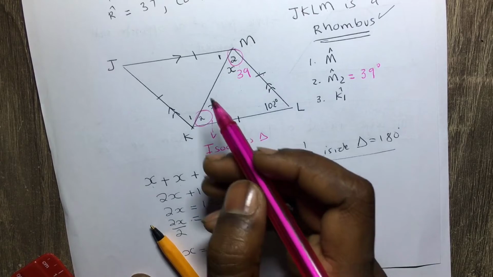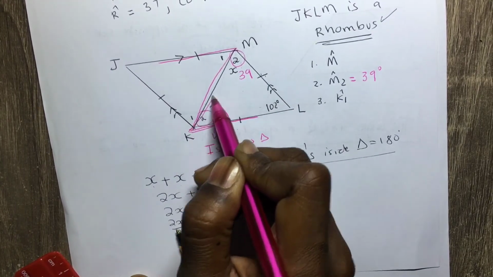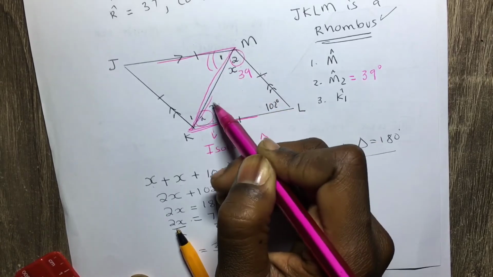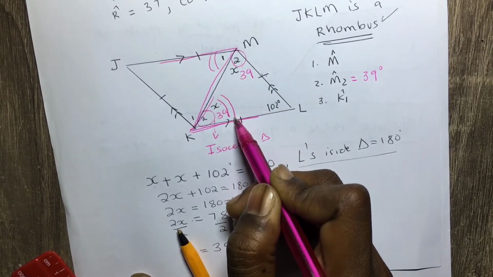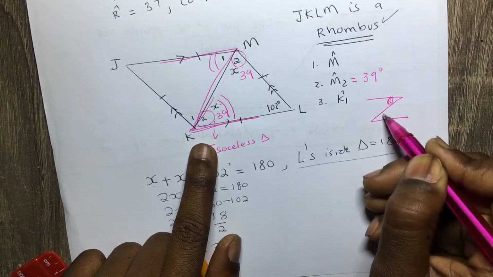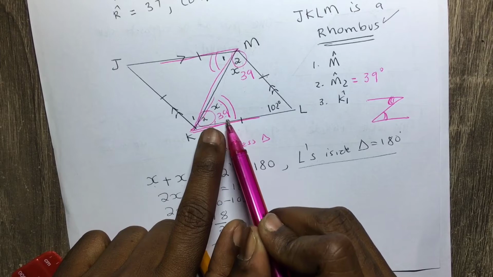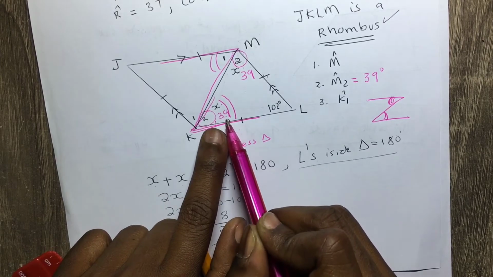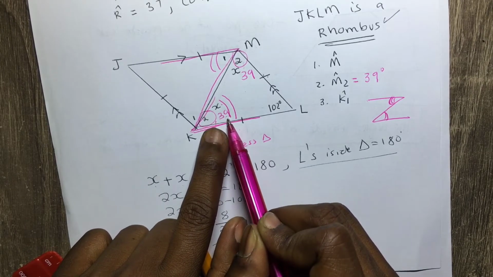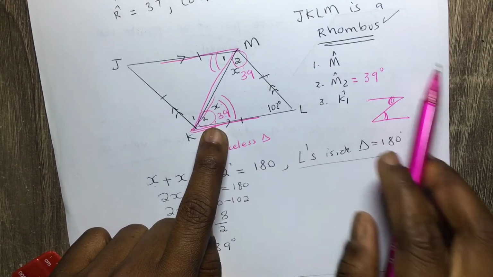I hope you can see it. Remember, alternating angles form a Z shape. This angle will be the same as that angle because, remember, alternating. This angle and this angle should be the same. So remember, we have this given angle. We calculated it. We found it is how much? 39.